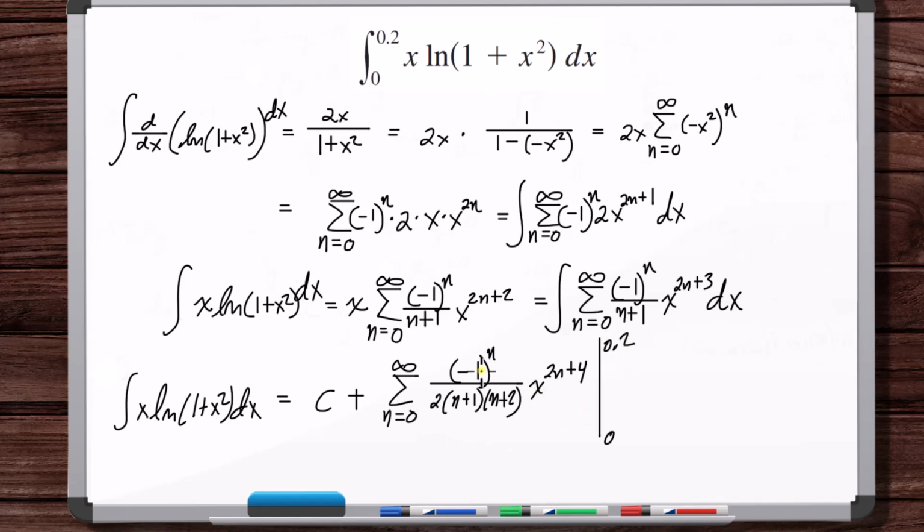So the idea is you would plug in 0.2 for x, have that as an infinite series, and then subtract plugging in 0 for x, which is an infinite series. But every term has an x, so when you plug in 0, this infinite series is 0. So what this ends up being is this definite integral is this series with x equal to 0.2. Okay?